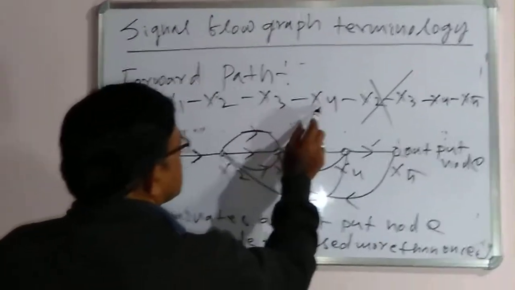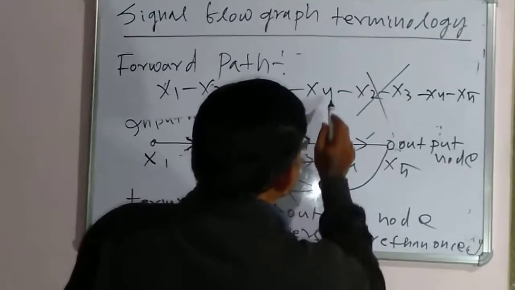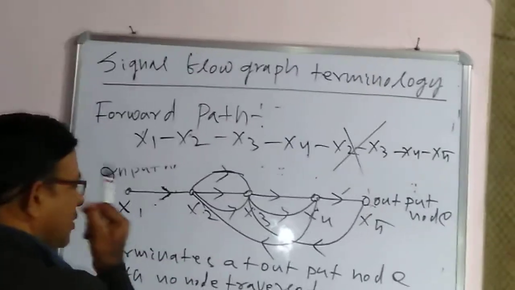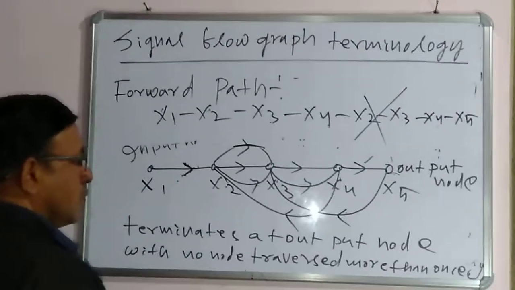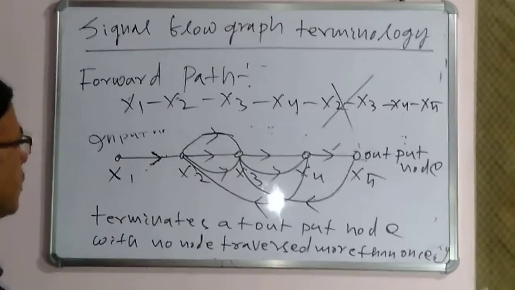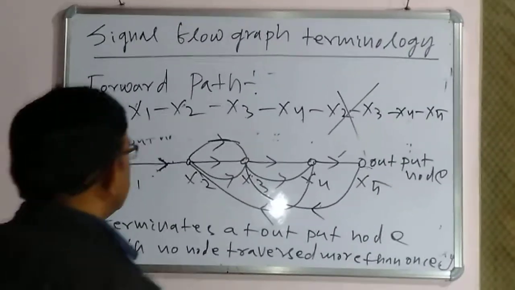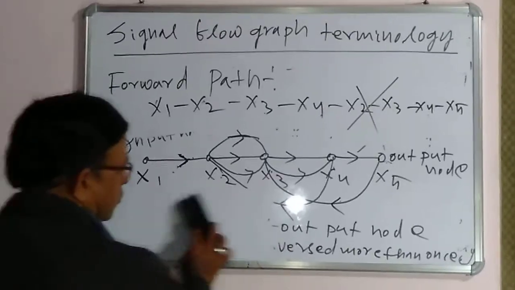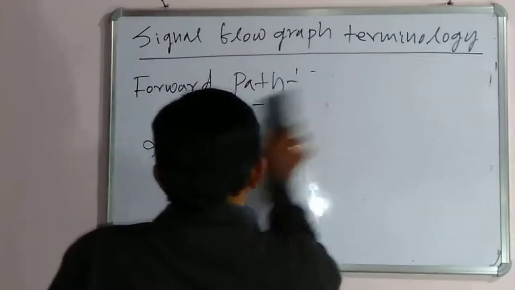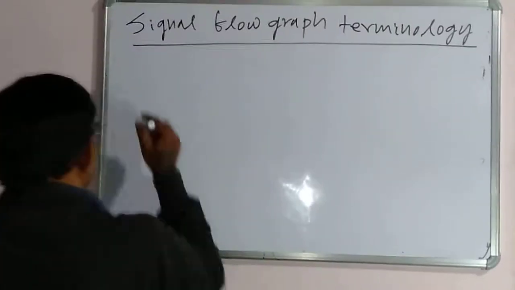Here x3 and x4 are repeated two times. It means we have processed the x3 node two times. That is the mistake. No node can be traversed more than once, so that is not a valid forward path. So I think the concept of the forward path is 100% clear for all students. Next we will discuss the loop.